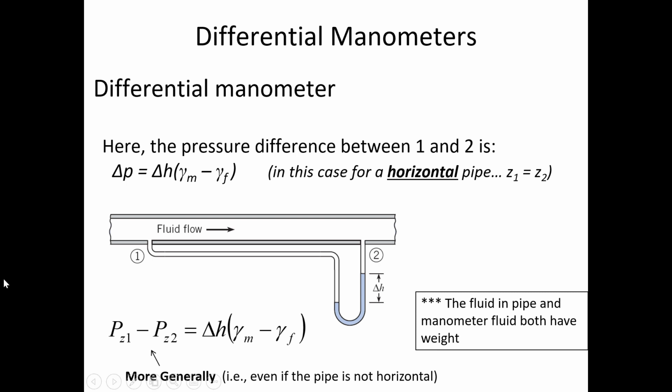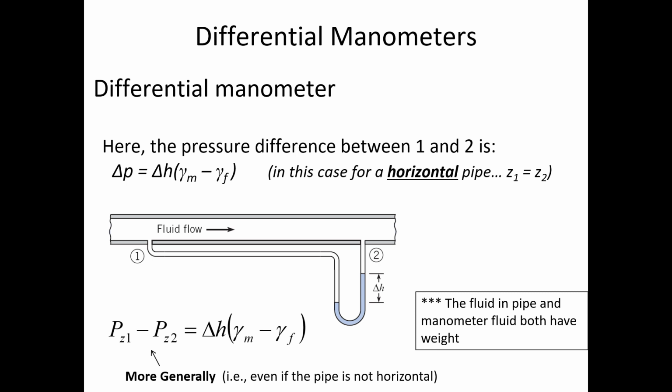So now what I'm saying over here is that the change in piezometric pressure is what's measured by a differential manometer. And in the horizontal case, where z1 equals z2, the elevations just cancel each other out.